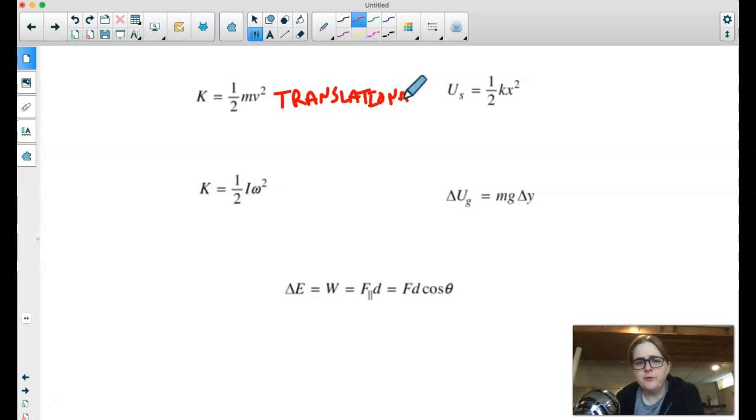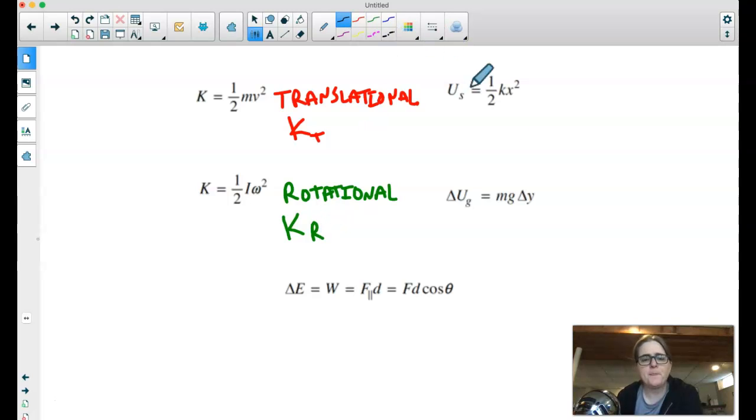While they don't do it on the formula sheet, a very common way to indicate that you're talking about translational kinetic energy, if both come up, is to do K with a subscript T. And then we also have the rotational kinetic energy. This is when you have an object that is rolling or spinning or otherwise rotating, and this is often represented with a K and then a subscript R.